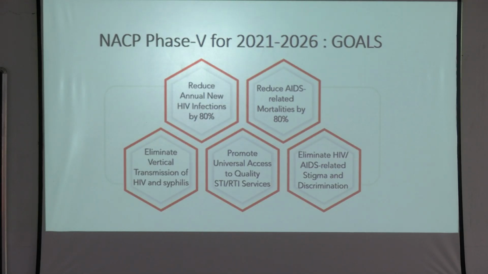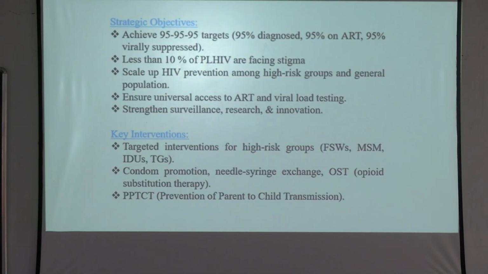From the goal, we come to the specific or strategic objectives. In NACP 4, and in the previous class also, you all heard about 90-90-90. Now we are targeting 95: 95% of those living with HIV should know their status. That means 95% should be diagnosed. Then out of them, 95% should be on either first line ART or alternative ART.